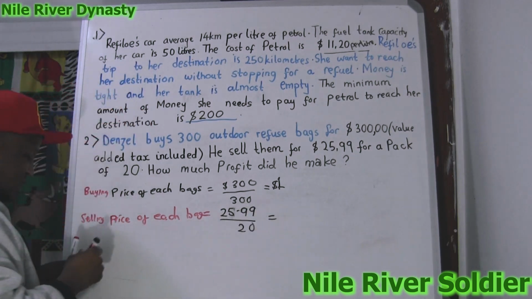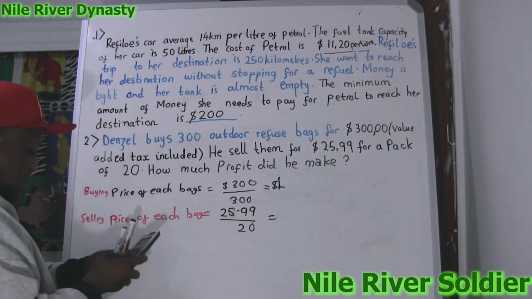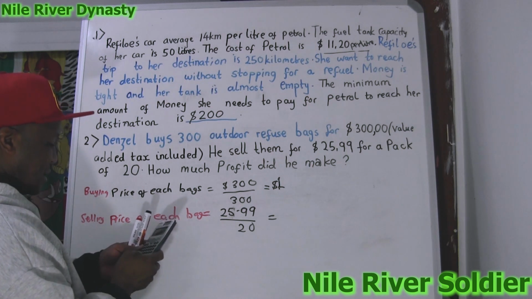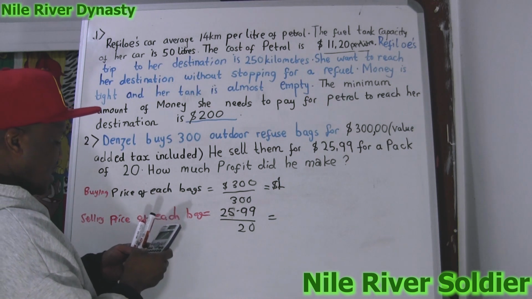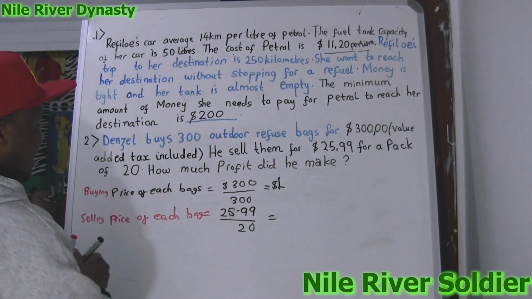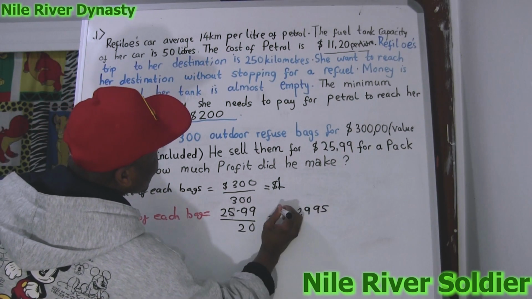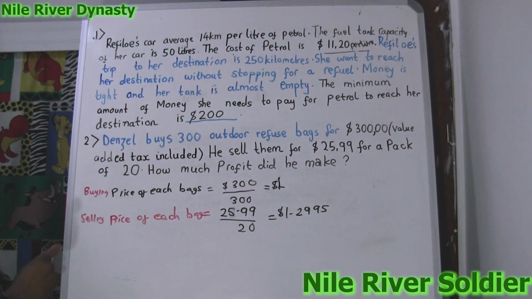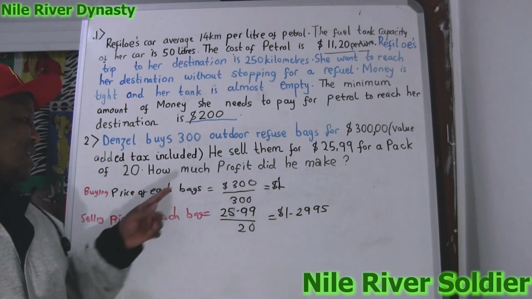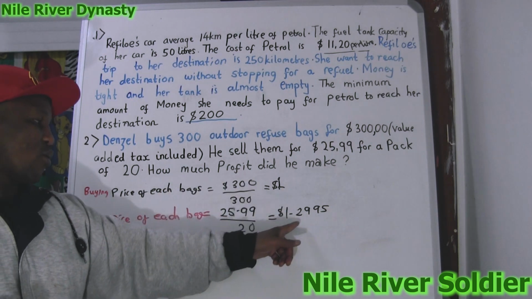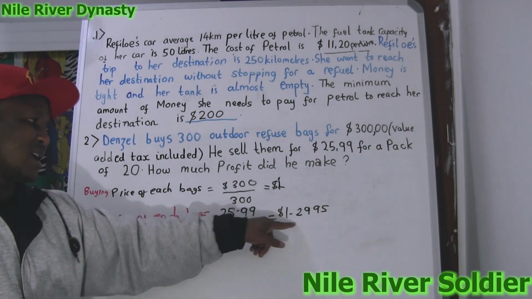So 25.99 divided by 20 gives us 1.2995. So this is the price of each bag. In other words, he bought each bag for $1 and then he sold each bag for about 1.30. So he made some profit here.